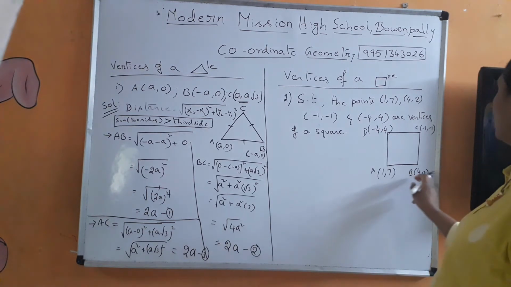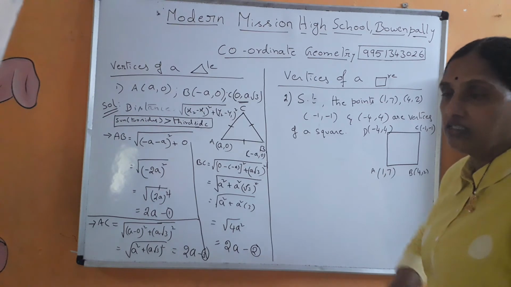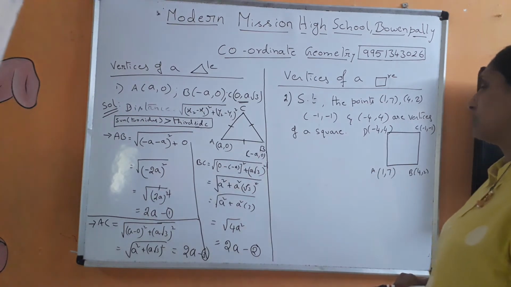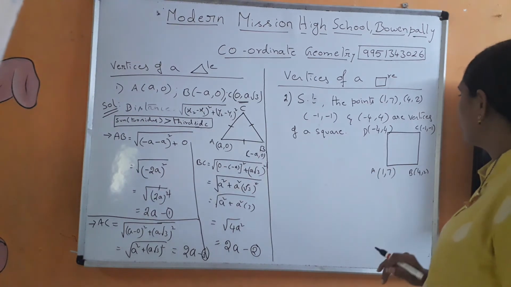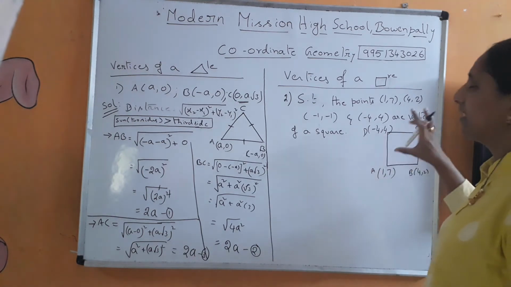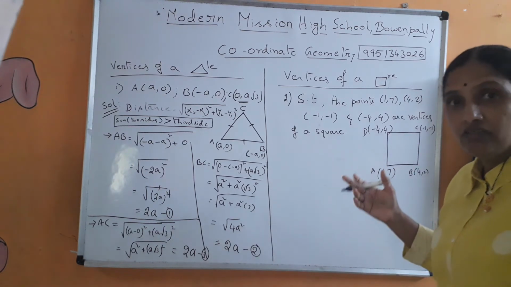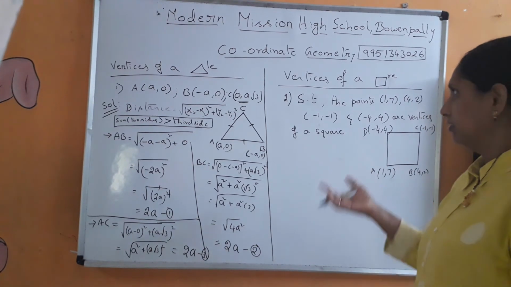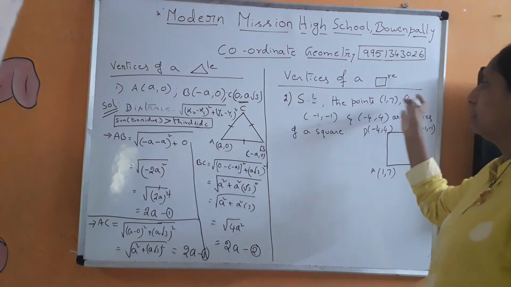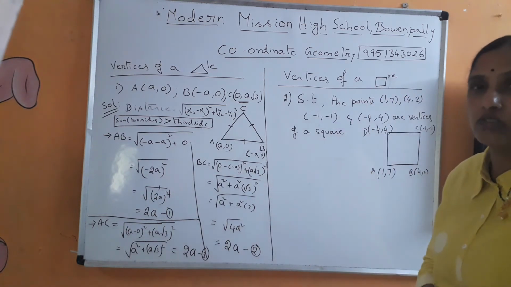Let us see if, taken in order, they form the vertices of a square or not. So what to find out? AB, BC, CD and DA. You have to find all 4 sides and then verify if all 4 are equal. The job is done. So all the 4 points form the vertices of a square.